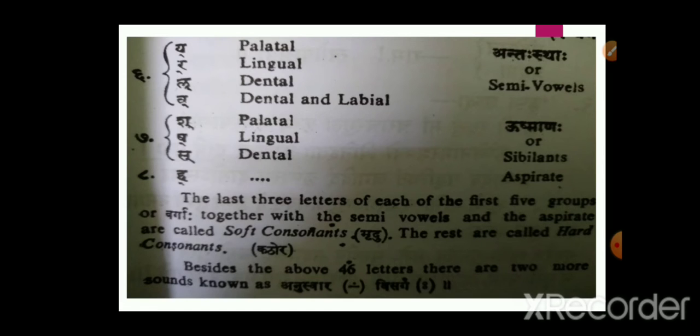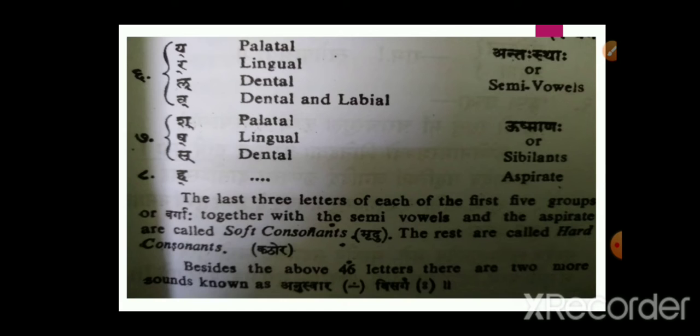The last 3 letters of each of the first 5 groups, the 4 semi-vowels and 1 aspirate, that is the letter ha. All these are called soft consonants, and all the remaining ones are hard consonants. So till now we have discussed the 46 letters, that is vowels and consonants. Let's move further.